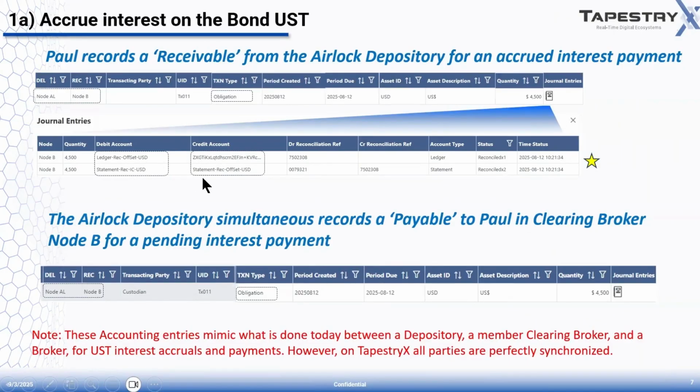And then we also have effectively a statement receivable incoming against an offset account. So we're doing full nostro-vostro accounting that can be reconciled in real time. But effectively we're showing what is an obligation, not a transfer, a payable receivable, an obligation to receive.